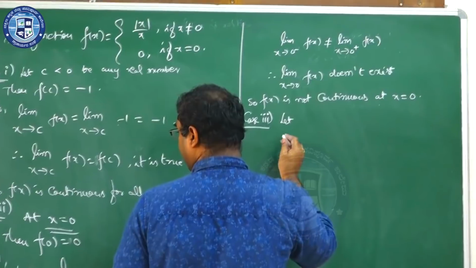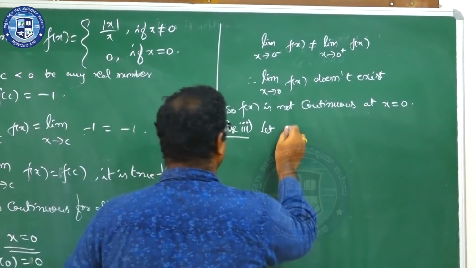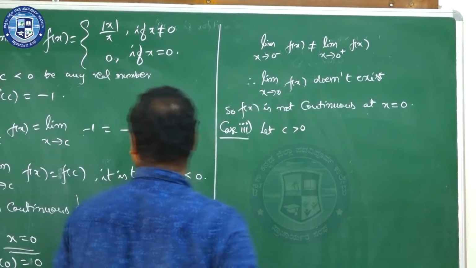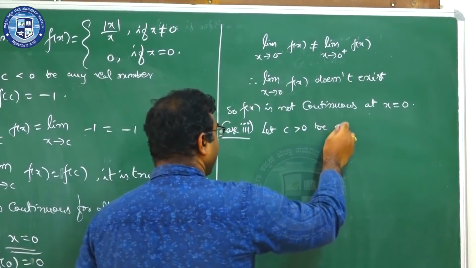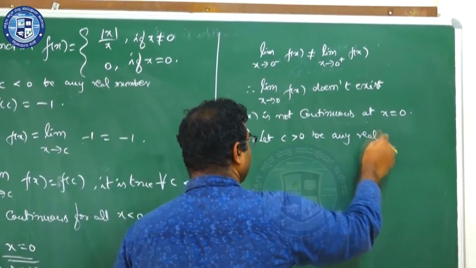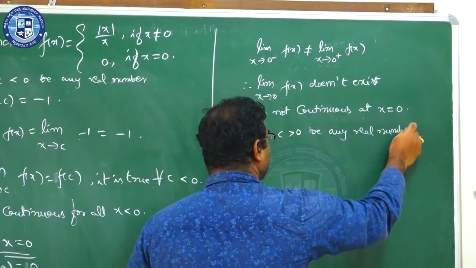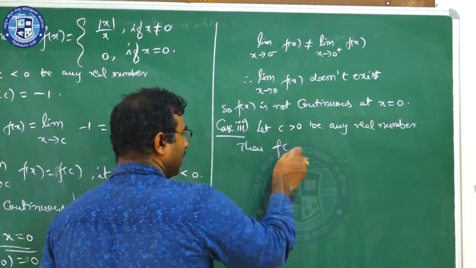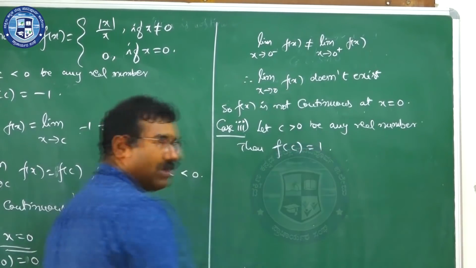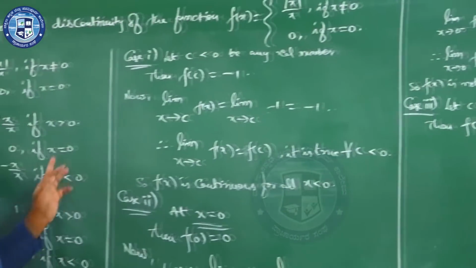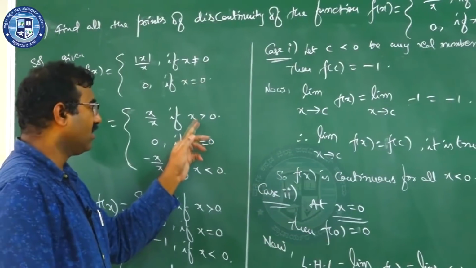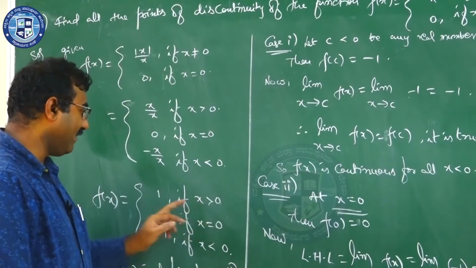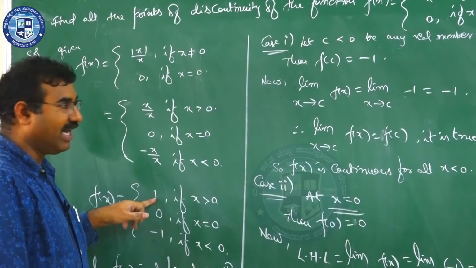We worked it out for c less than 0, now we will work it out for c more than 0. Let c greater than 0 be any real number. Then by the definition of the function, f of c is 1, because for all positive values they have defined the functional value as 1.